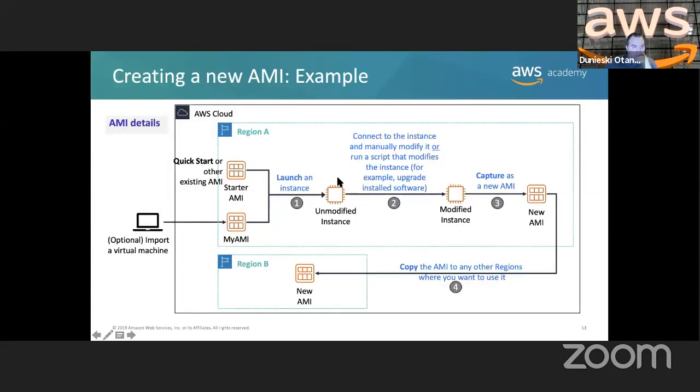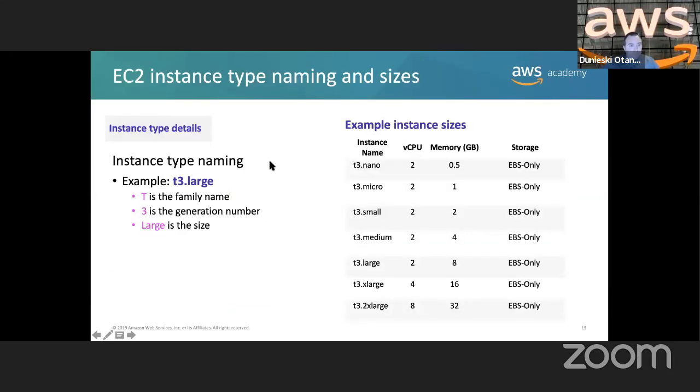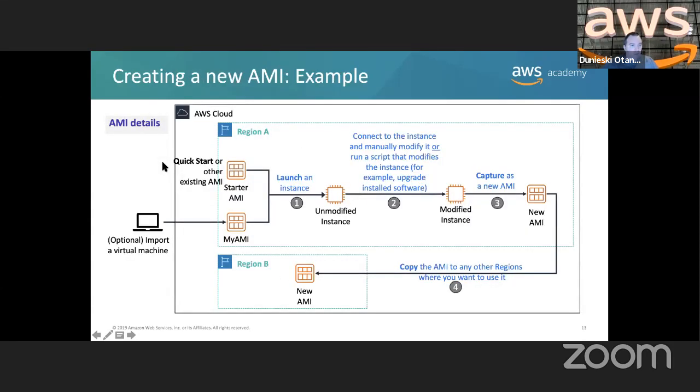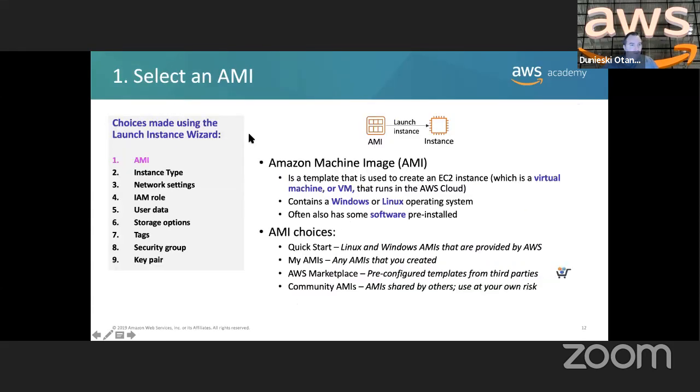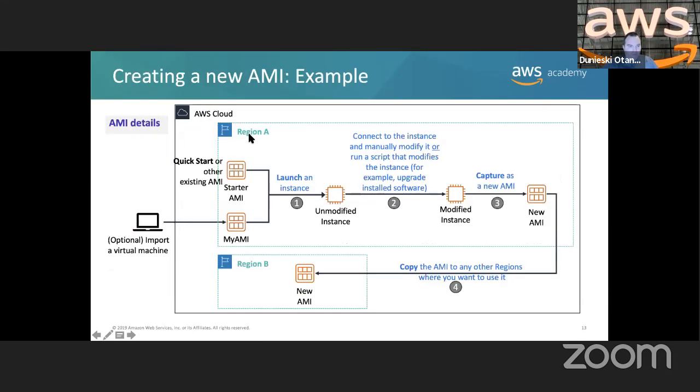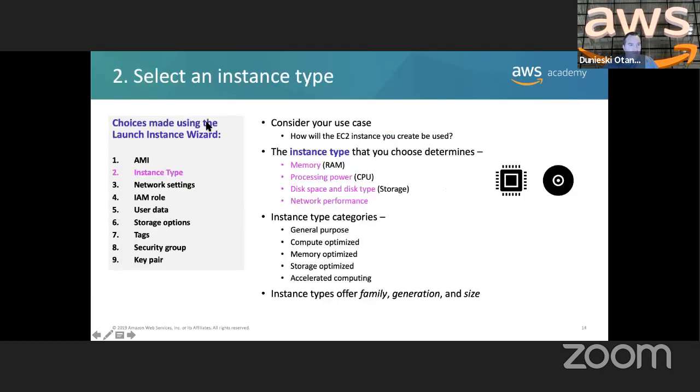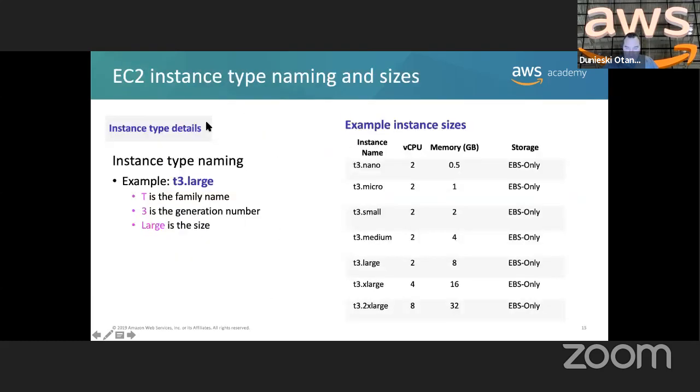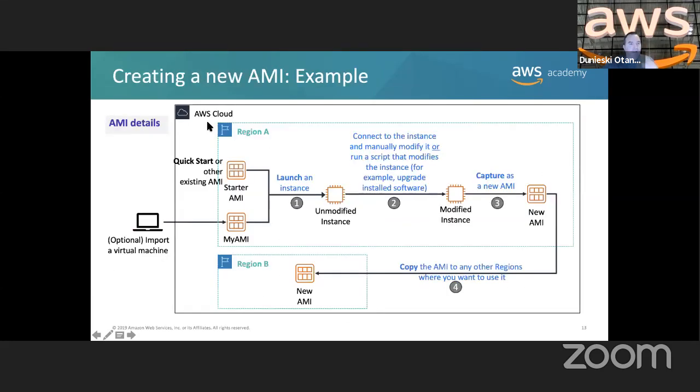So AMI details, right? So we have an instance type here. We have the region. Sorry, guys, it's my mouse. It's very sensitive. So we have AWS here, cloud, and then we have region A, quick start or other existing AMIs, starting AMI.